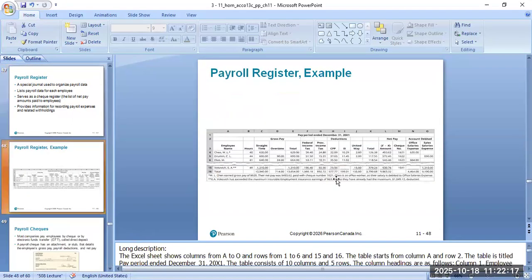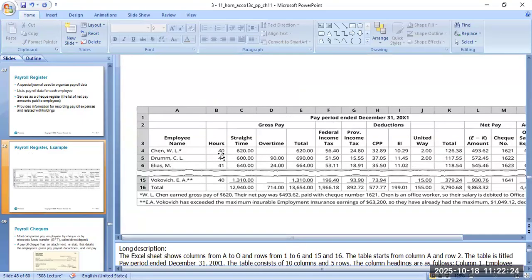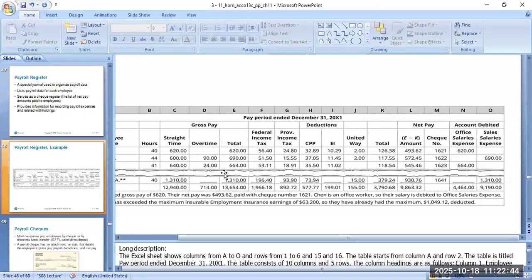Now the payroll register is going to look like this. You're going to have the employee name, hours, regular time, overtime, total, taxes, provincial taxes, Canada Pension Plan, employment insurance, and United Way, that's probably a charitable donation.